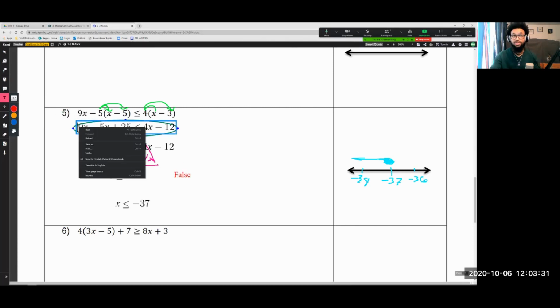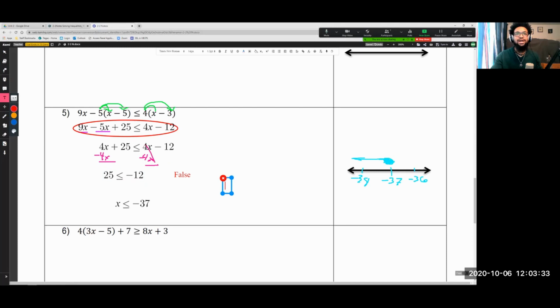Now that we know that this is false, we can tell that this has no solution. So since this is false, this has no solution. And that's what we call it when we solve or try to solve an inequality and we come up with something that is a non-true statement, like what we did with solving equations and the types of solutions there.